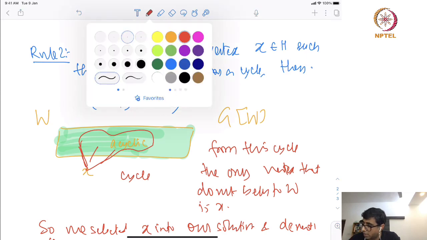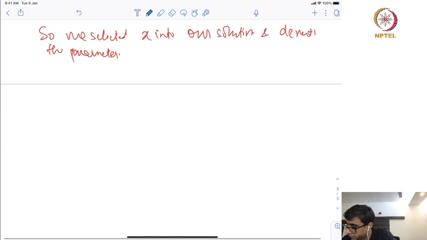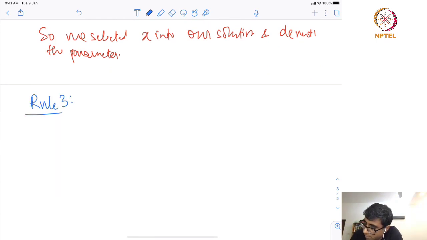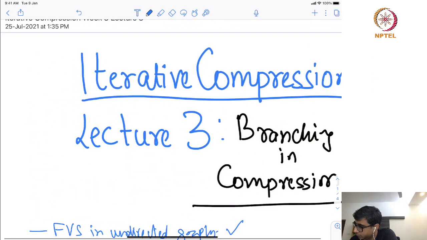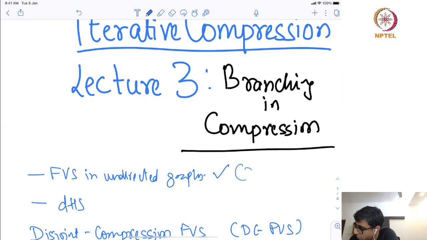Finally, we have reduction rule 3. If there is a vertex v in the vertex set of H which has degree 2 in G. You must have seen the degree 0, 1, 2 reduction rules to make a graph have degree at least 3 in your lecture on the branching algorithm for feedback vertex set, where you previously saw the (2k plus 1) to the power k times n to the power O(1) time algorithm.